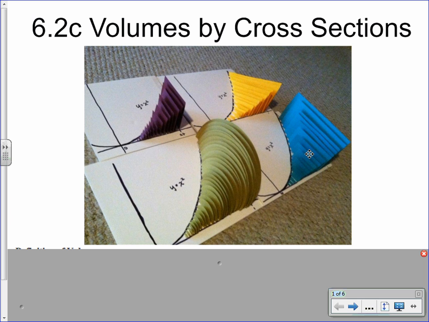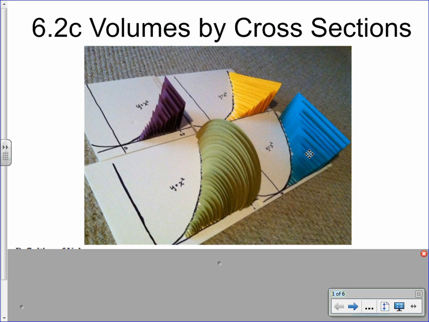Okay, so these are rectangles where maybe the height is related somehow to the base, okay? And these are semicircles. So obviously these semicircles are going to be taller than these semicircles, right?